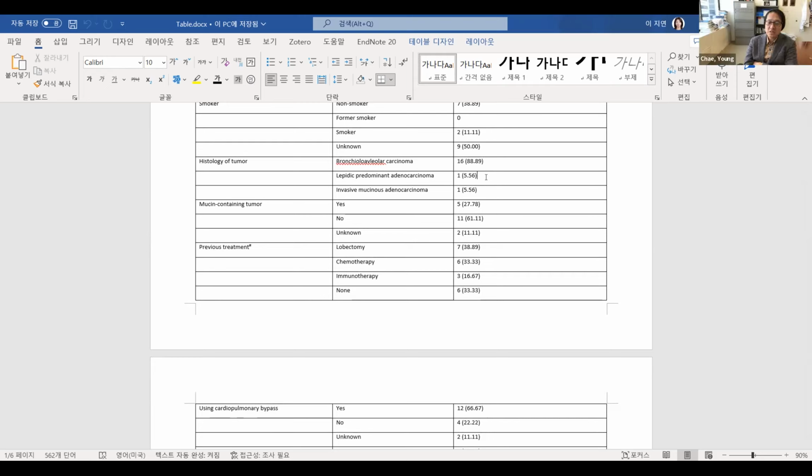Oh, so lipidic predominant, can this be bronchoalveolar? Is there overlap? Is it different? I think it's an overlap. So maybe I can put it in the BAC, but I'm not sure because they didn't describe it as BAC. They just described lipid predominant.